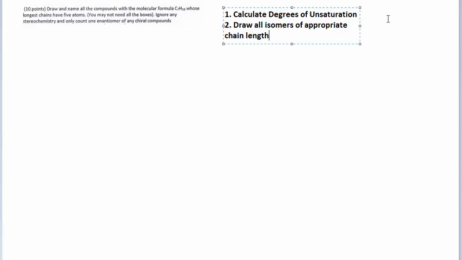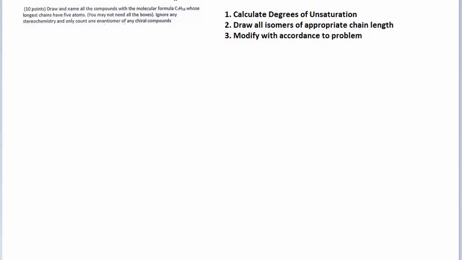You may or may not know what that means from a previous video, but I'll explain it again briefly. The second thing you want to do is draw all isomers of appropriate chain length. Once you've done that, modify in accordance with the problem.